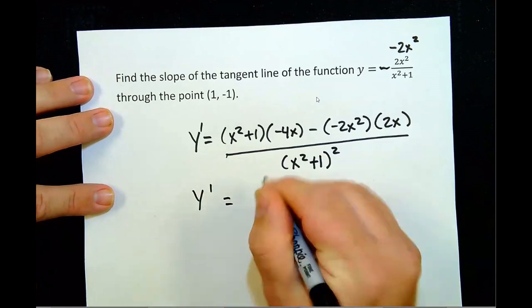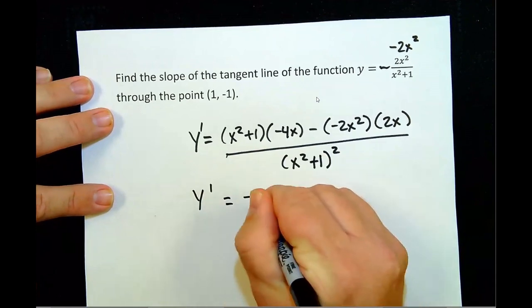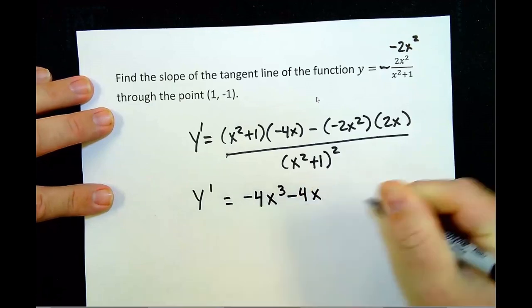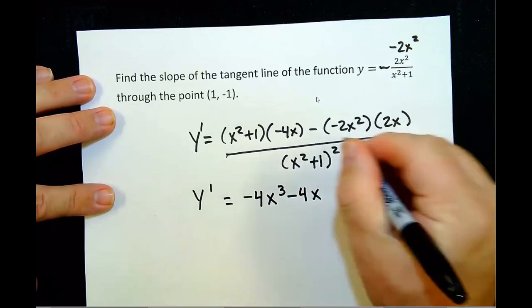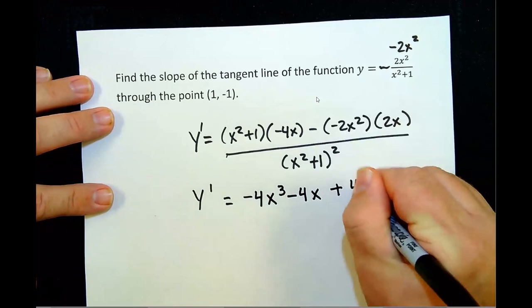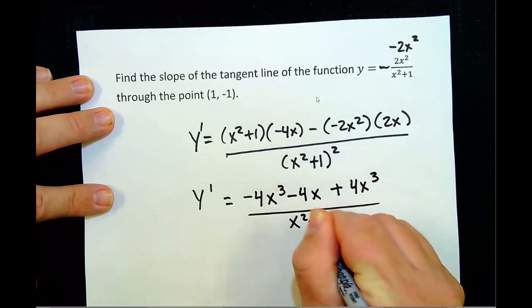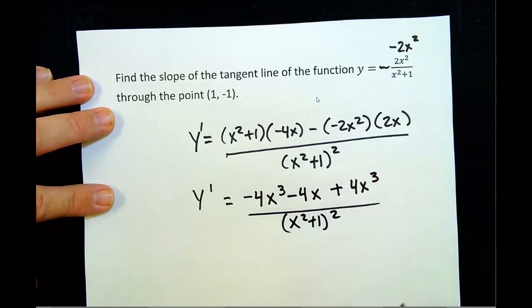I'll do just the basics. Negative 4x cubed minus 4x, minus the minus is a plus 4x cubed, all over x squared plus 1 squared.